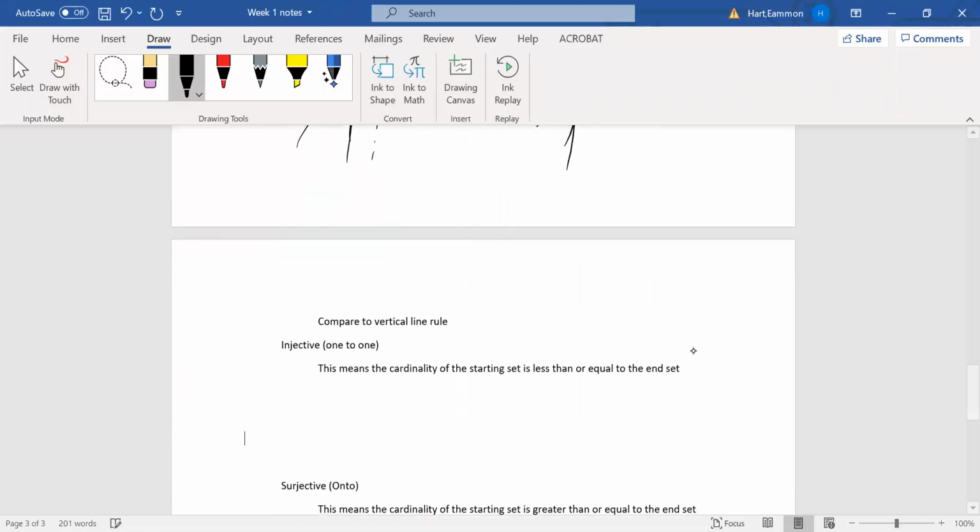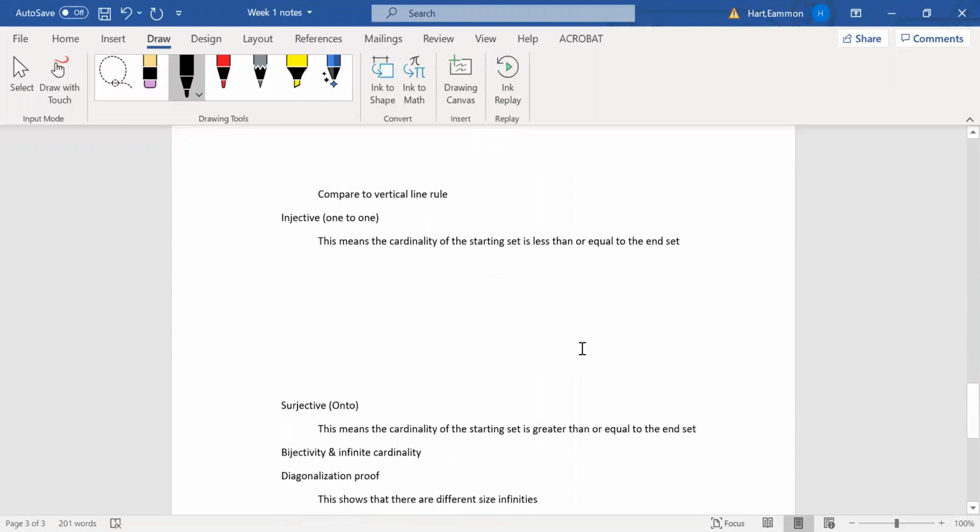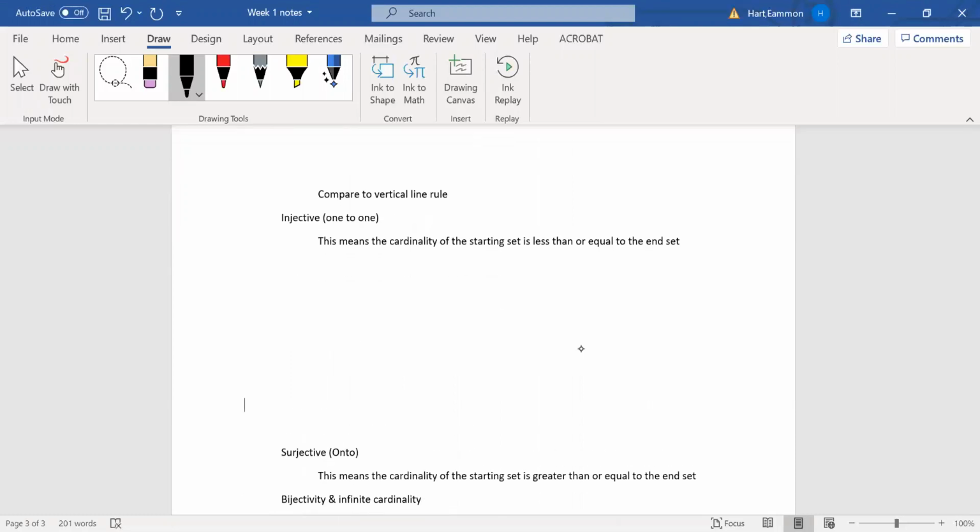So injective, what does it mean for a function to be injective? It means that each element of the domain maps to a distinct element of the range.